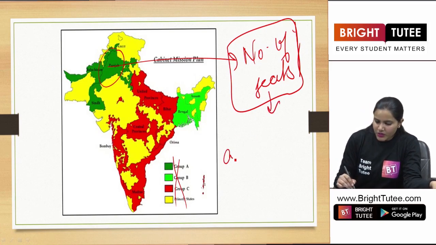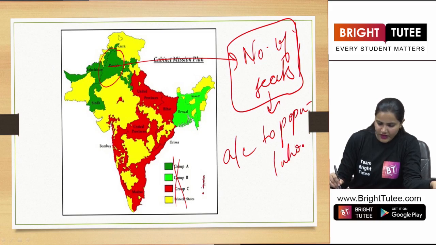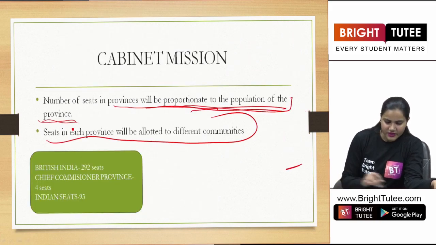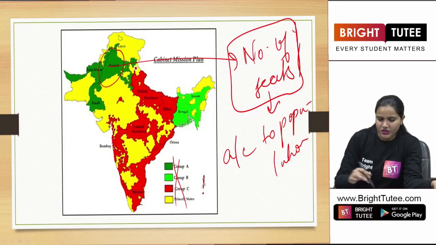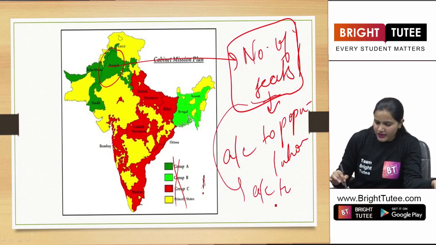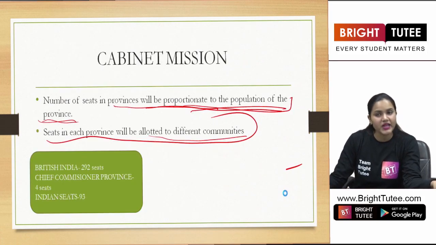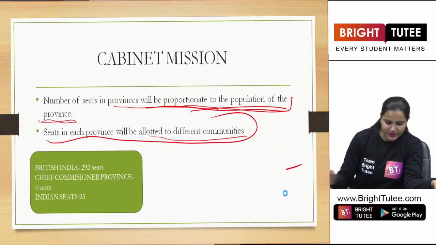So, according to the population of that province, the number of seats had to be divided. Right? Seats in each province will be allotted to different communities. Now, in each province, all these seats were to be divided according to the communities. Now, this is how the whole setup was going to be as proposed by the cabinet mission plan.